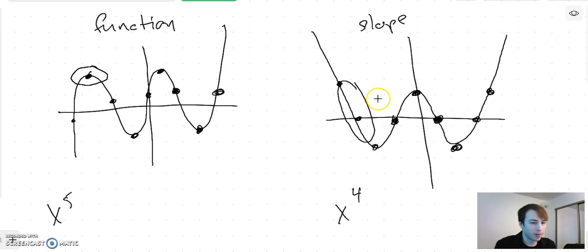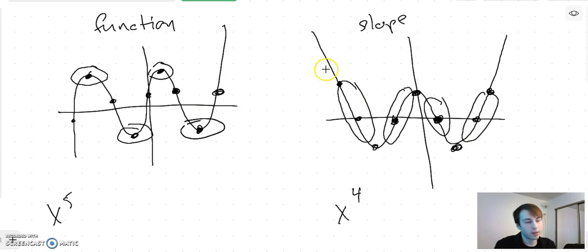Likewise, a crossing from negative to positive, like right here, represents a valley in the graph. Another peak, another valley. So whenever the slope crosses over 0, that represents a turning point in the graph. So this has 4 crossover zeros, so this has 4 turning points.